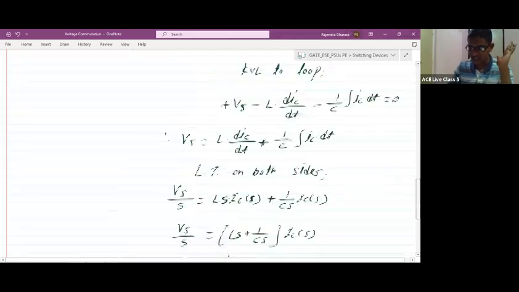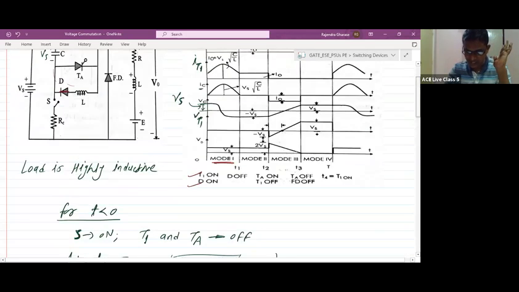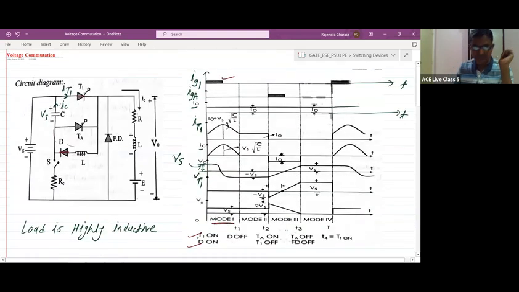Okay, so you can check the IC waveform here. During mode 1, the IC waveform is like this, sinusoidal. And how is the waveform of VC? VC is cosinusoidal, it is like this. Means what is happening in the inner loop actually?